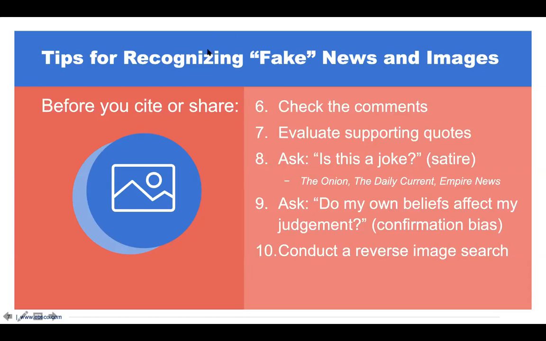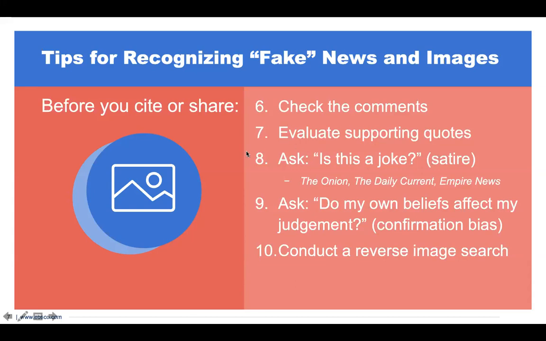A lot of neutral news sources don't have a comment section at the end of their articles. So that's something to take note of. I guess it doesn't necessarily mean it's a bad source, but it's questionable. So you definitely want to go through this checklist when you see a comment section.